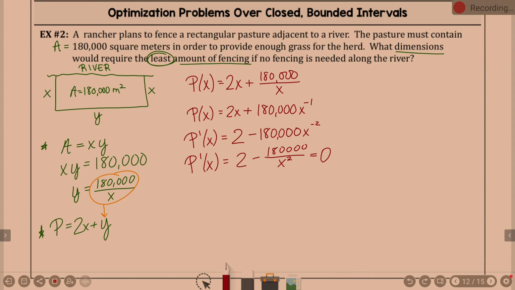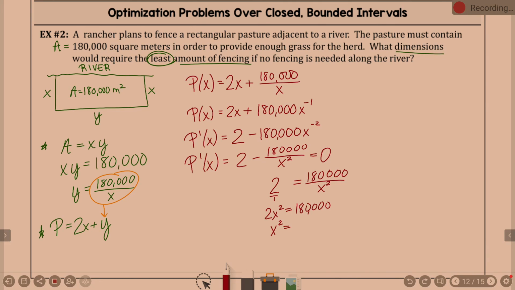So if I keep the 2 here and I add over the 180,000 over x squared, then my brain thinks cross products, because it's like 2 over 1, right? So my brain thinks cross products and says 2x squared equals 180,000.